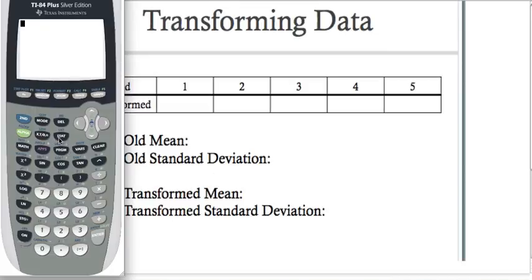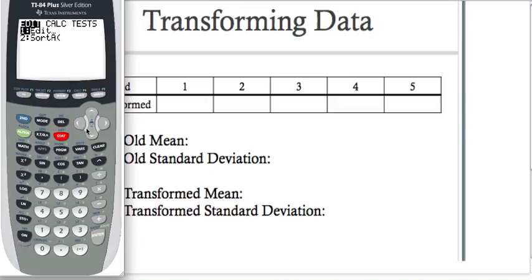and I'm going to enter this very simple 1, 2, 3, 4, 5 data set. So we hit Stat, Edit, and this brings me to my list, and I'm going to put in 1, 2, 3, 4, and 5. And to get the mean and standard deviation, I need to do one variable statistics.